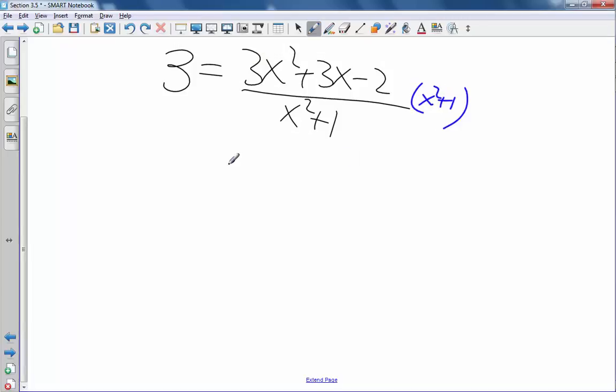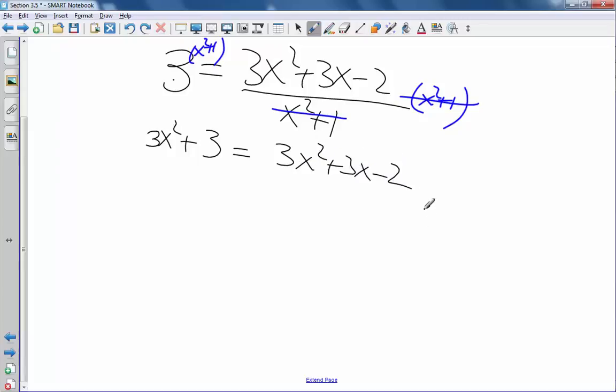We need to first clear them. I'm multiplying both sides by x squared plus 1 so they can cancel. This side becomes 3x squared plus 3. How about this side? 3x squared plus 3x minus 2.